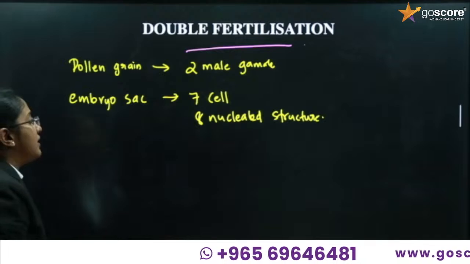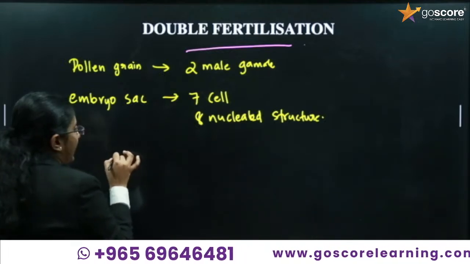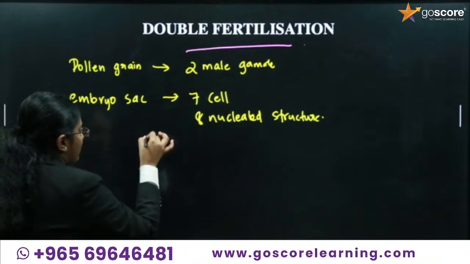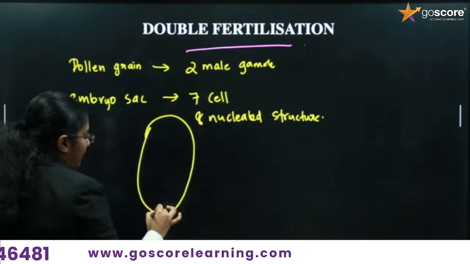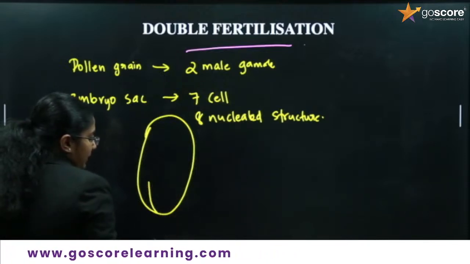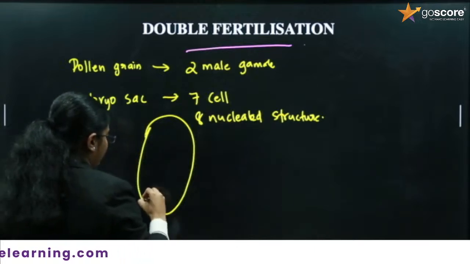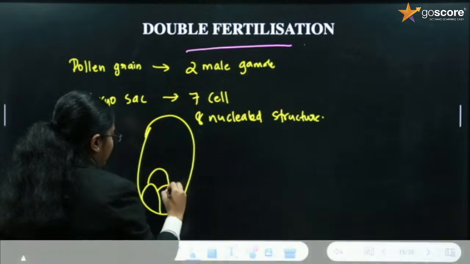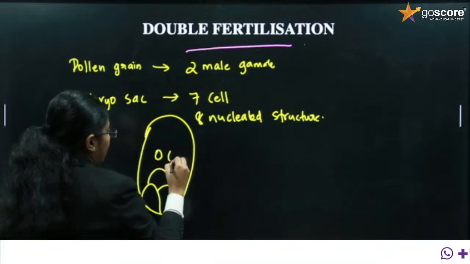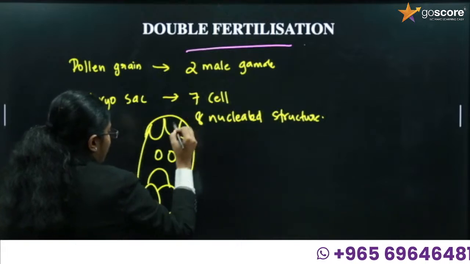So we can say there are two male gametes entering. Also let's draw the structure of the female embryo sac here. So this is the embryo sac. If you consider the embryo sac, these are the three structures.